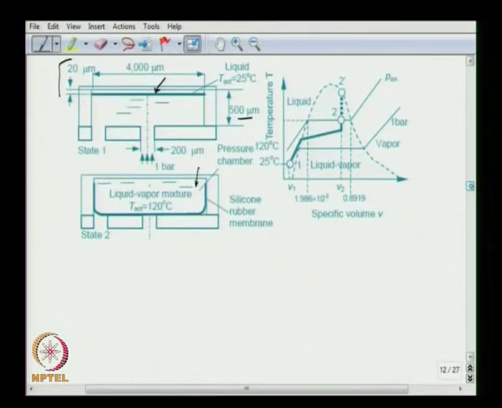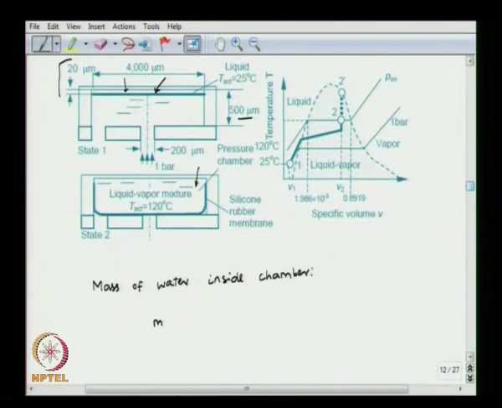Okay. So, the first step we have to find is the mass of the water inside the chamber. The mass of water inside the chamber can be found.